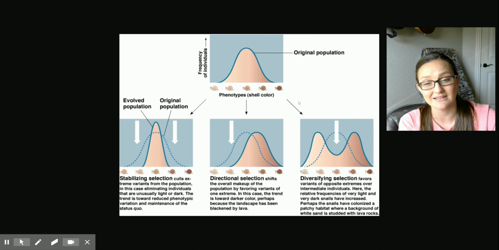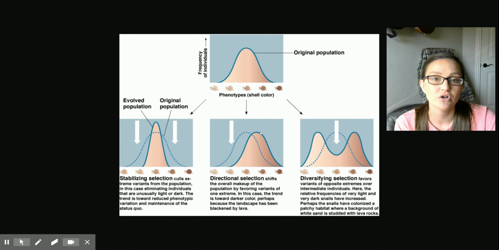So let's talk about why that is. Well, they still vary. Even now, we have long as the highest frequency, but we also have ones that have extremely long necks, and ones that have more of a medium type neck still exist in the gene pool, but we just don't see them as frequently.